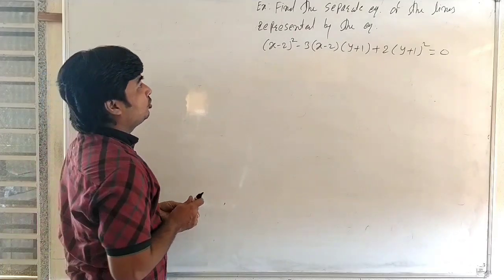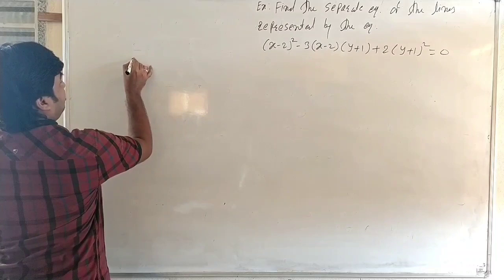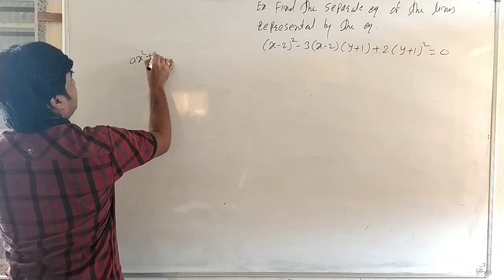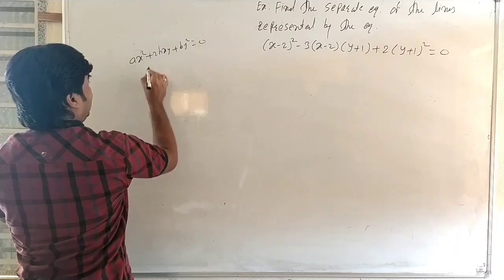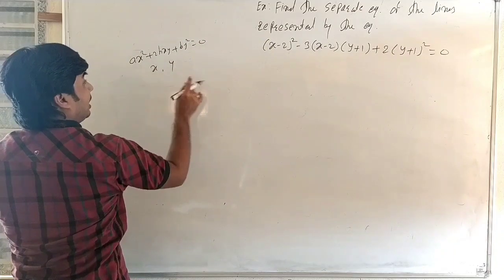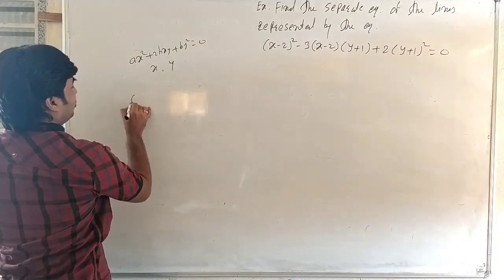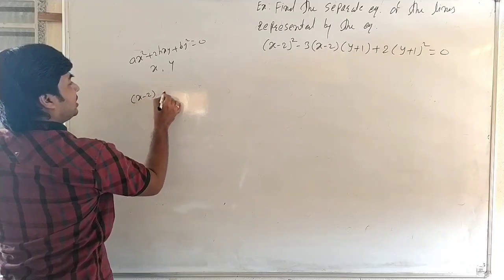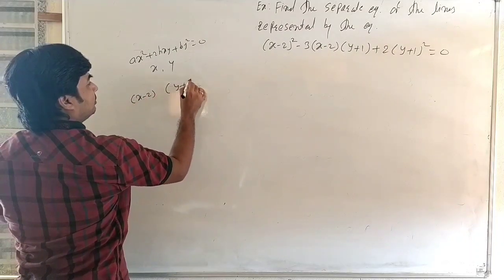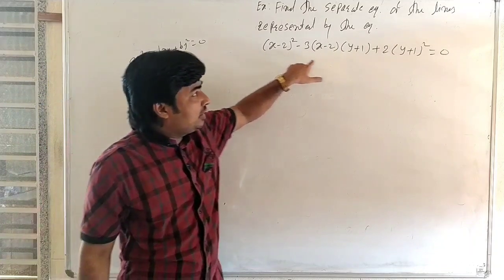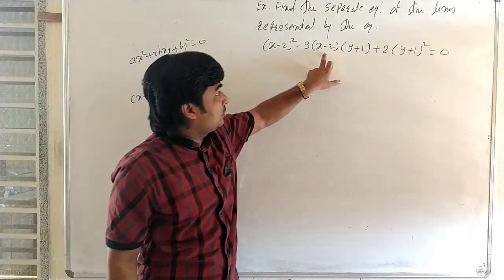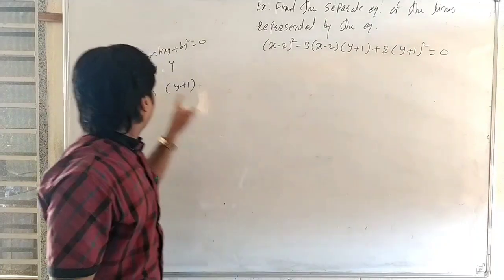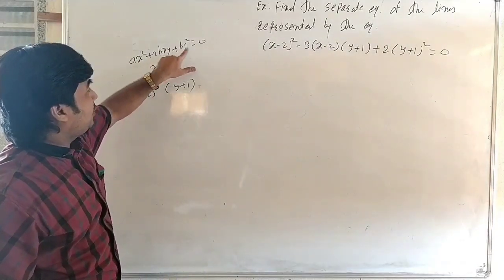It is a second degree homogeneous equation, ax square plus 2xy plus by square equal to 0. It is a homogeneous equation in x and y, but here the second degree homogeneous equation is in x minus 2 and y plus 1.